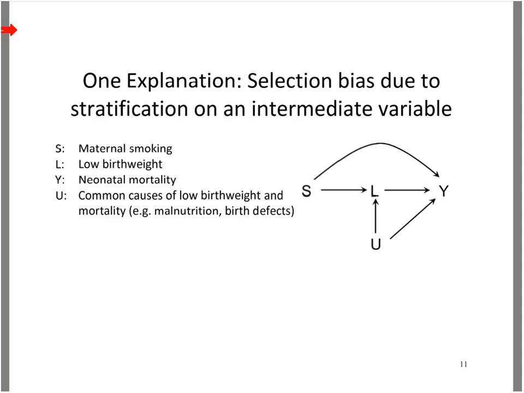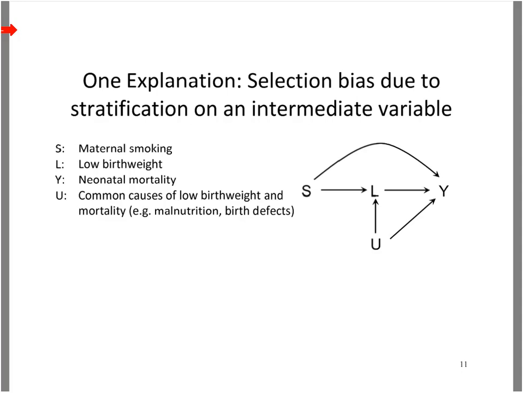Now, the key problem that we're going to face is that even if smoking is randomized, low birth weight is not randomized. So surely, low birth weight is going to share causal risk factors with neonatal mortality. For example, this common risk factor of L and Y, U, could represent malnutrition, birth defects.